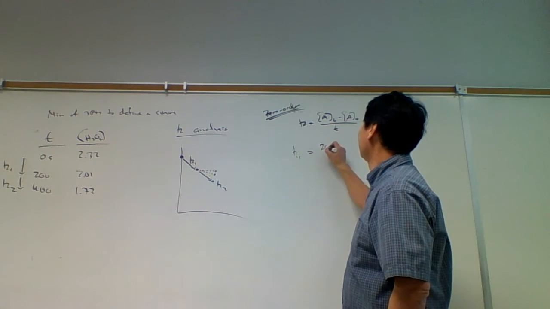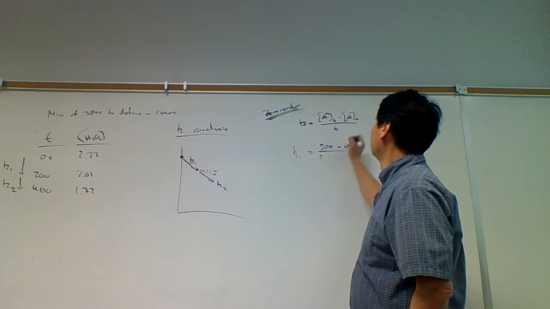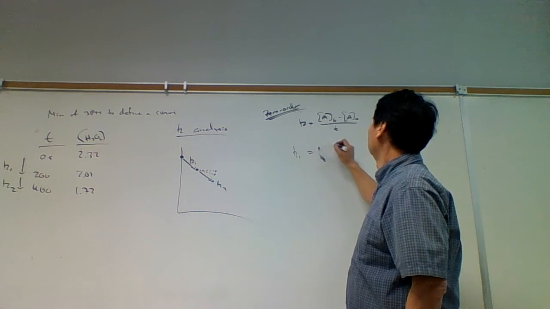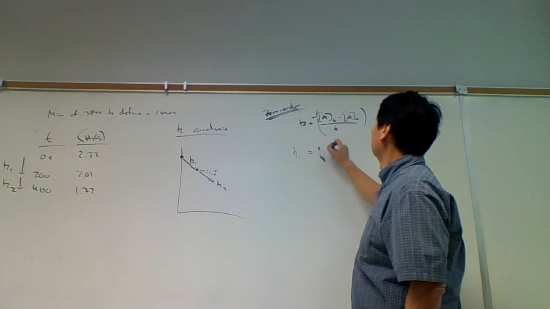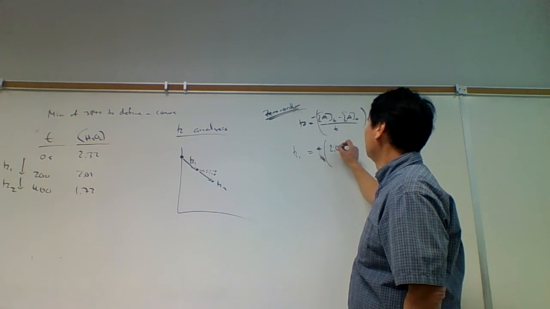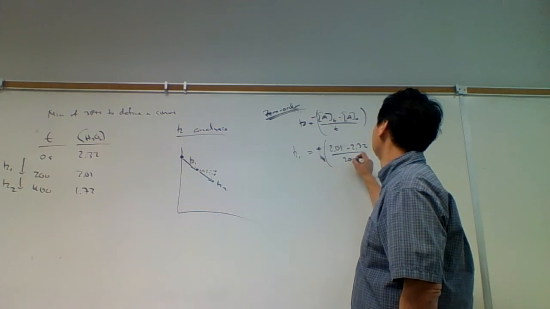K1 is, actually this is minus, 2.01 minus 2.32 divided by the time interval, which is 200.